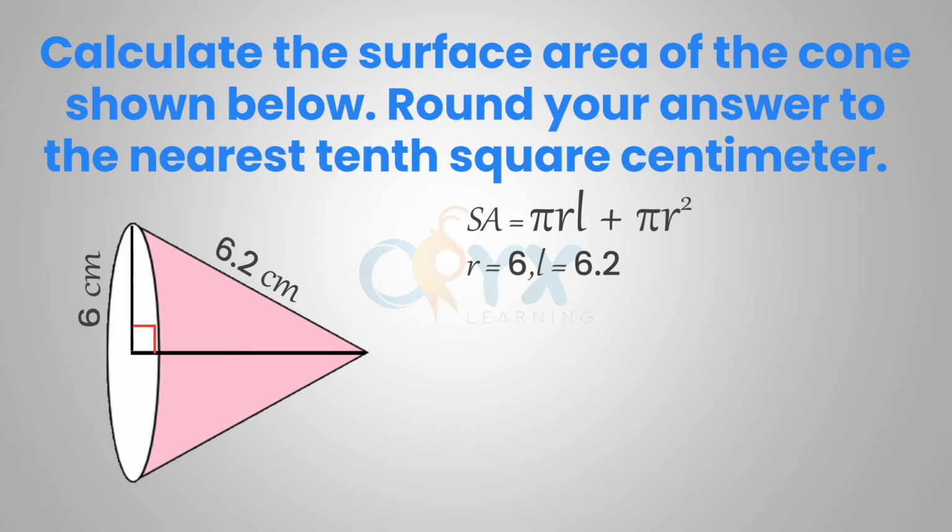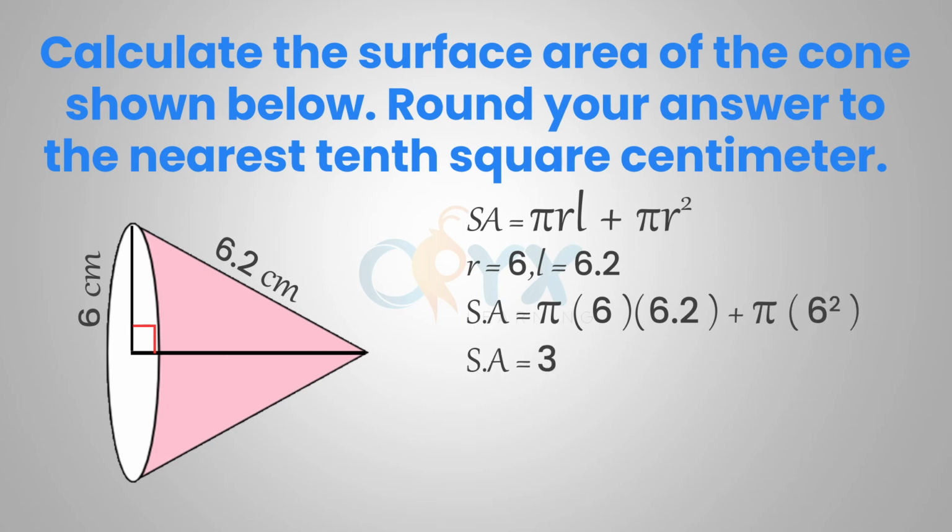Substituting the values into the formula, we get SA equals pi times 6 times 6.2 plus pi times 6 squared. This simplifies to 37.2 pi plus 36 pi, which simplifies further to 73.2 pi.